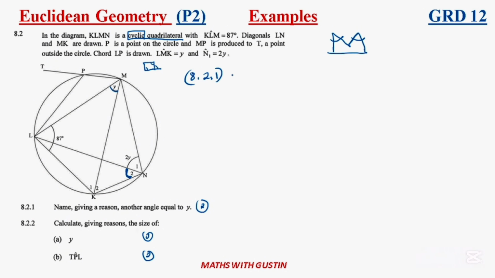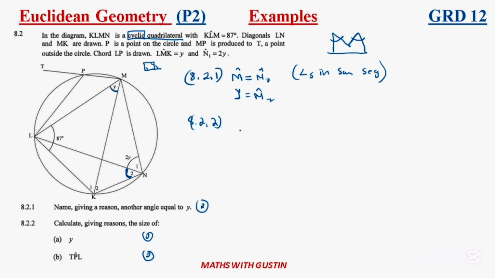So it means therefore we have got M, which is equal to N2, which is also where M is equal to Y, and this is equal to N2. However, you must give a reason here: angles in the same segment. Great.